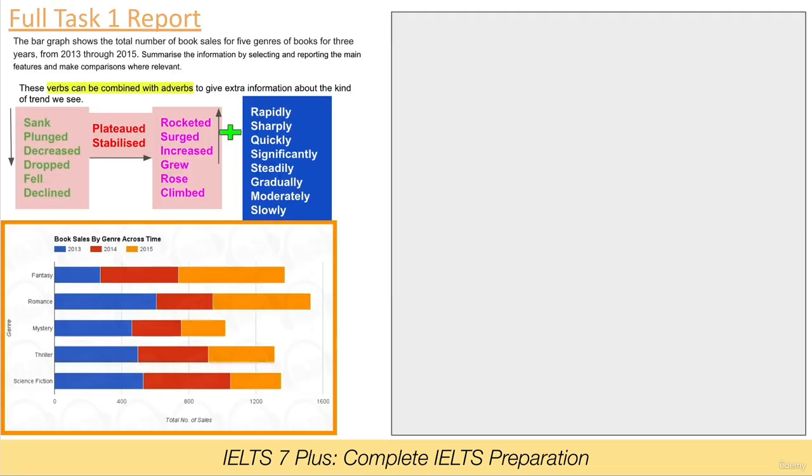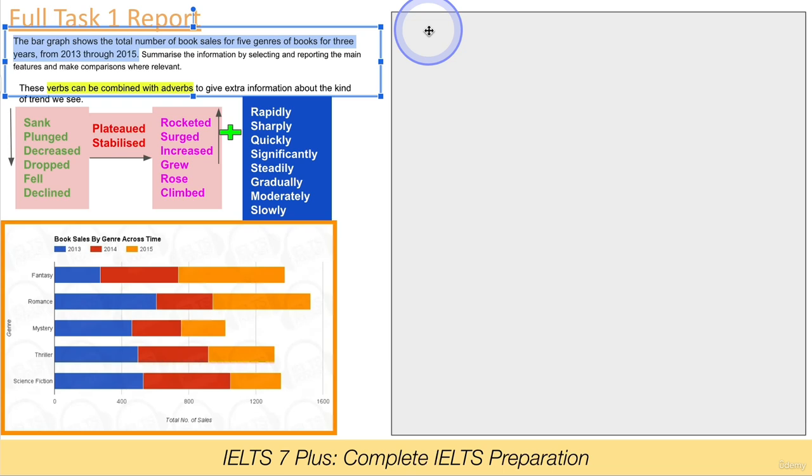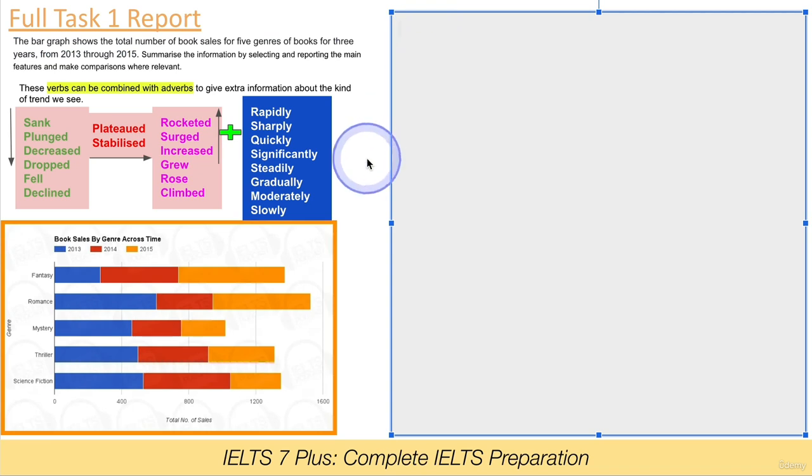Right, well, let's go to the write-up. We're going to do this statement, and we're going to paraphrase it. The bar graph shows the total number of book sales for 5 genres of books for 3 years, from 2013 through 2015. We could change the word to bar chart maybe.